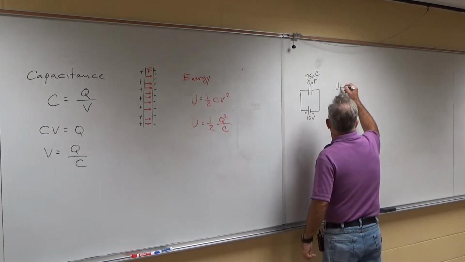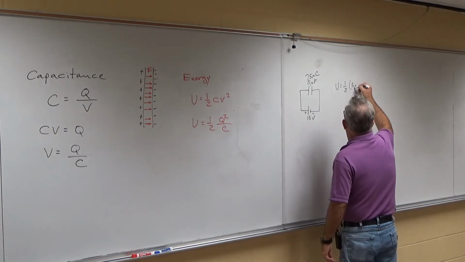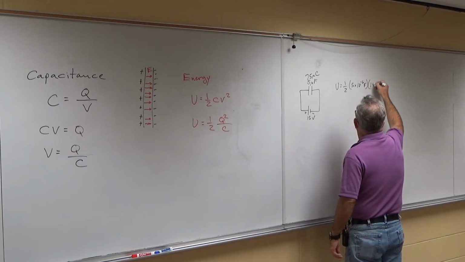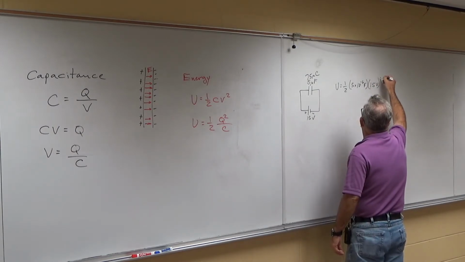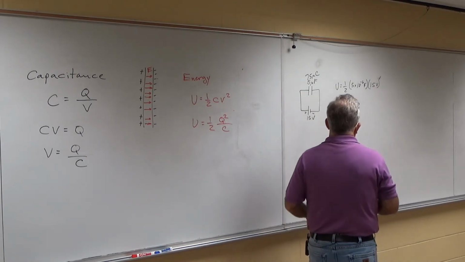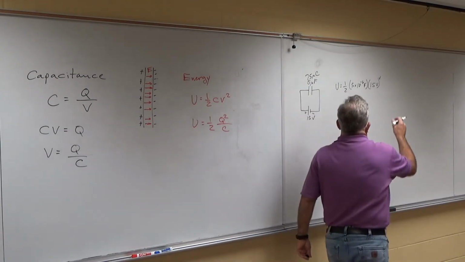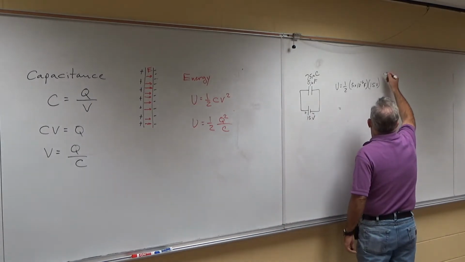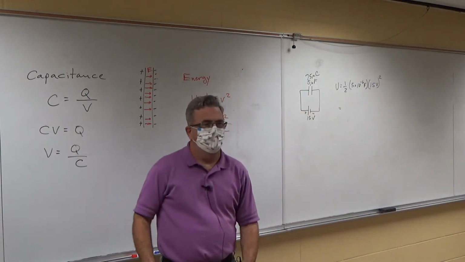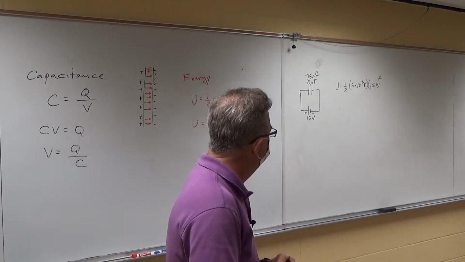So U is equal to 1/2 times 5 times 10 to the negative 6 farads and 15 volts squared. That's supposed to have been a 2. Anyway, can somebody calculate this, please?